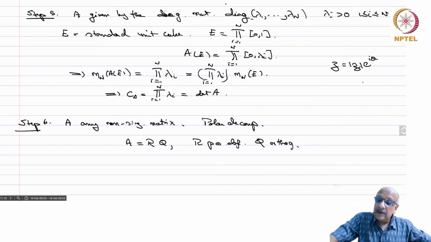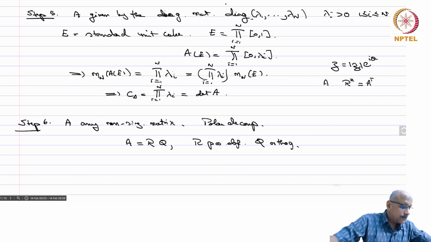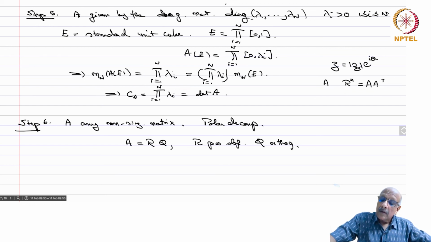Similarly, you take A and you find R such that R squared equals A transpose A. This matrix R you can find by taking the square root, because this is a positive definite matrix, and then you take Q equal to R inverse A. So this is called the polar decomposition. It's the same as writing a complex number in terms of its modulus and its argument.